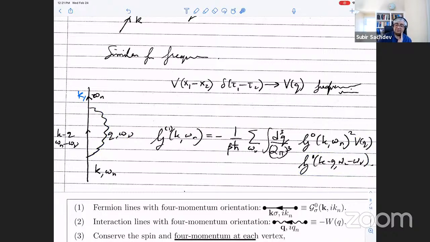And then finally, there's a few integrations left over. And what are the leftovers? Basically every momentum that you had to introduce as a free variable. In this case, I just picked some arbitrary momentum Q and arbitrary frequency omega nu. And once I made those two choices, all other momenta on all other lines were determined by conservation of momentum. So there was no other choice to make. These are called internal momenta, and those have to be summed over.